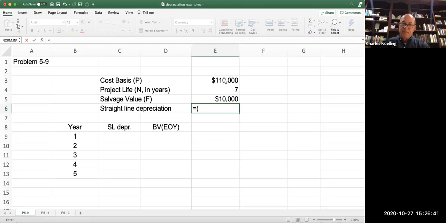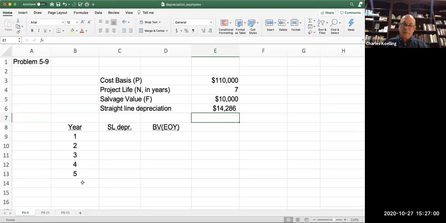P minus F, the cost basis minus the salvage value, F, all divided by the recovery period, which is 7. And there we go, $14,286 per year depreciated for this.